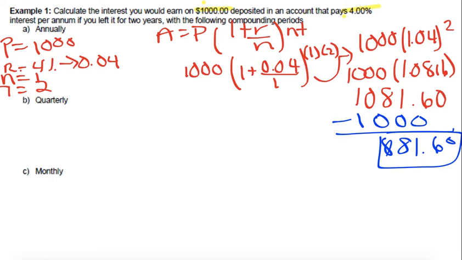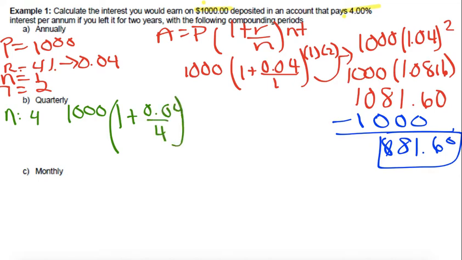Now, if I wanted to do this quarterly, all that changes is N, which is now equal to 4. Everything else stays the same. So I now have 1,000 times (1 plus 0.04 over 4) to the power of 4 times 2.